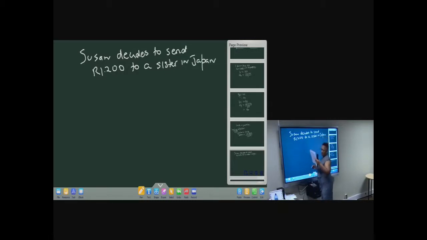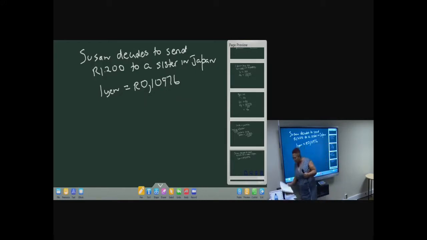Then you are given the exchange rate that 1 yen is equal to 0,10976 rands. That's how it is given. Then calculate the amount of money she sends in Japanese yen. She is sending 1,200 rands. And you are asked, how much in yen does she send? Once more, what is required is the yen.